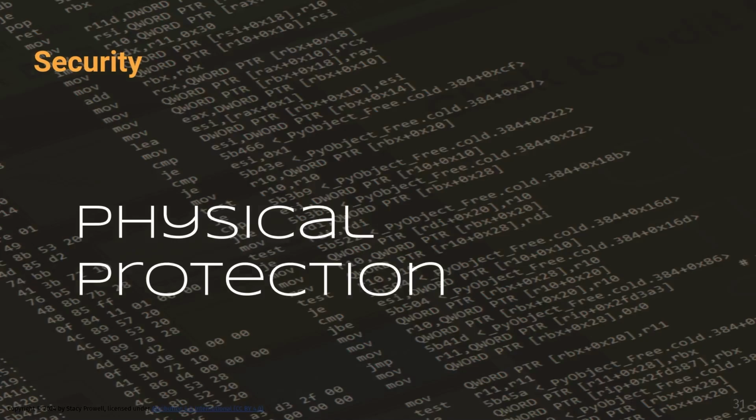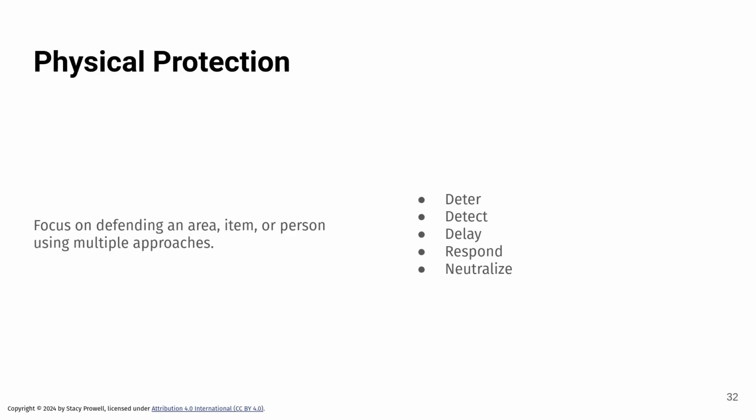Let's talk about physical protection. So, over on the right, we see the 5 basic functions of implementing physical protection. Sometimes you'll hear 3 Ds and 3 Rs, fine, but most of the time you'll find these 5.